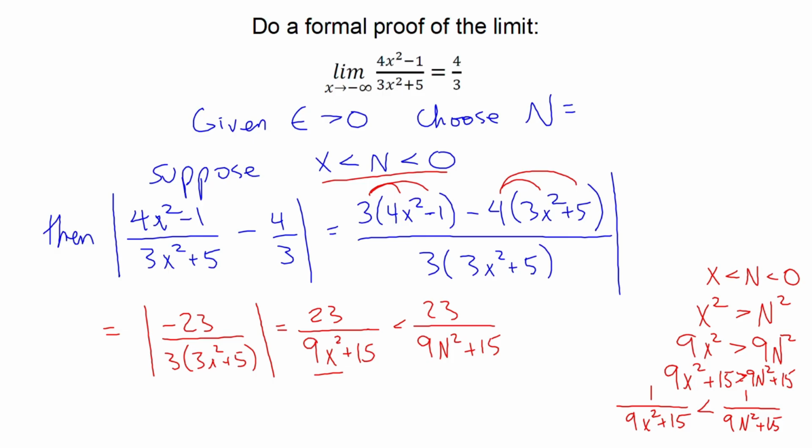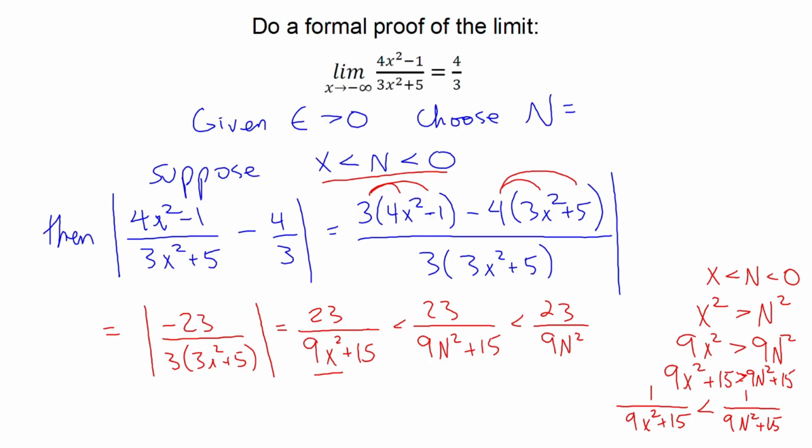Right? If I have 23 over 9n squared plus 15, something that has a smaller denominator, right? If I have something with a smaller denominator, it should give me a larger value. So if I make this denominator smaller by getting rid of that plus 15, that number should actually be a bigger number, right?